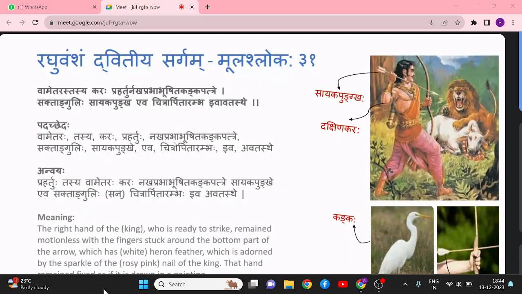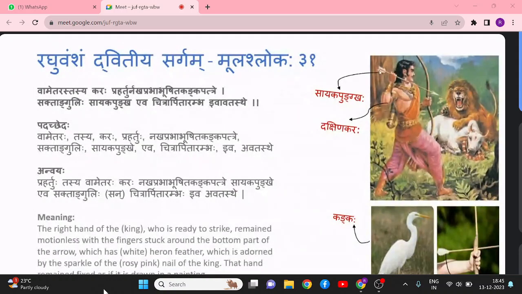And Nakhaprabha bhushita kankapatre. Here nakha is Dilipa's nails, and prabha is the shine that comes from the nakhas. So this Kankapatra part is adorned, or decorated, by the sparkle that comes from the nakhas of Dilipa, because he is holding his hand here.